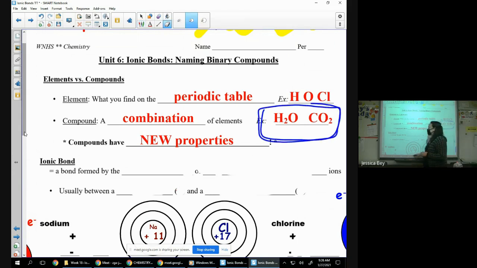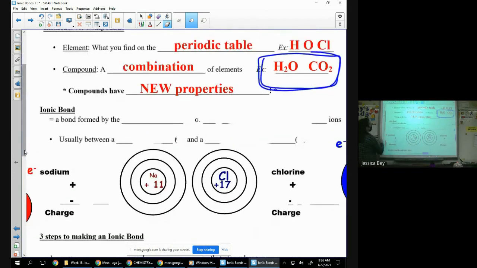All right, so in order to make one type of compound, we're going to do what's called an ionic bond. In the spring, you guys will talk about covalent bonds, but everything in our world right now is going to be an ionic bond for right now. An ionic bond is formed by the attraction, okay?